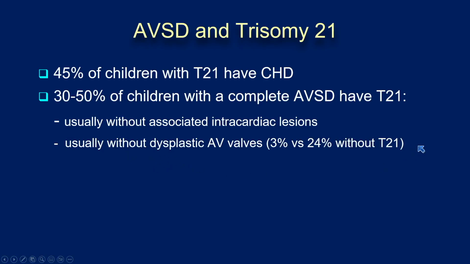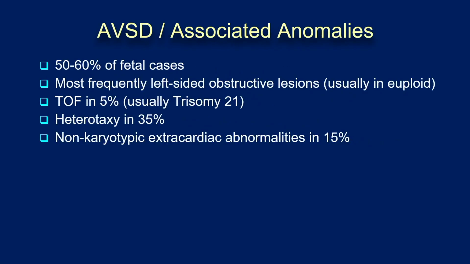They're usually not dysplastic, the valves. It's more likely to have a dysplastic AV valve if the child has no known genetic abnormalities, strangely, which can affect also the outcome. Then associated abnormalities: in 50-60% of fetal cases, we will find something else.